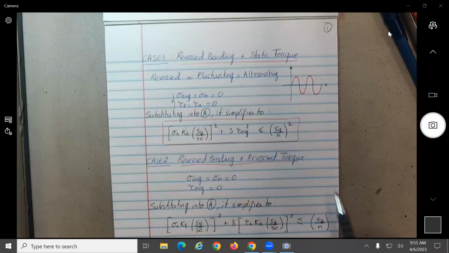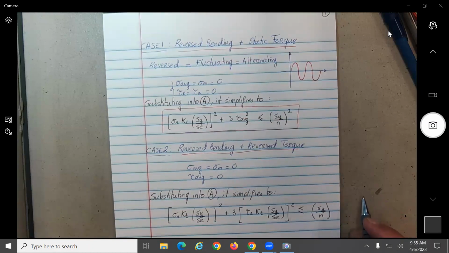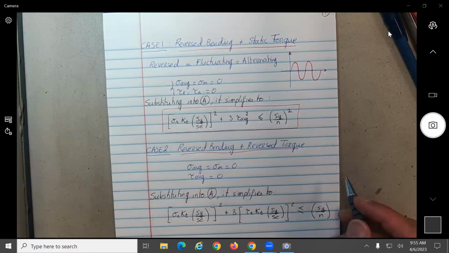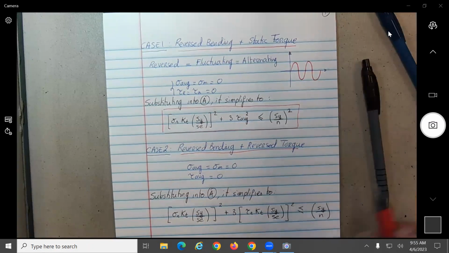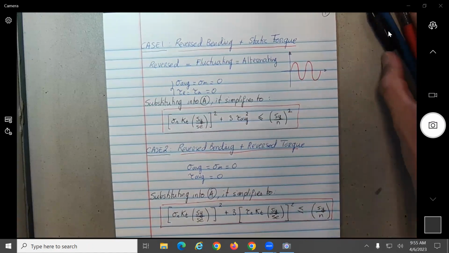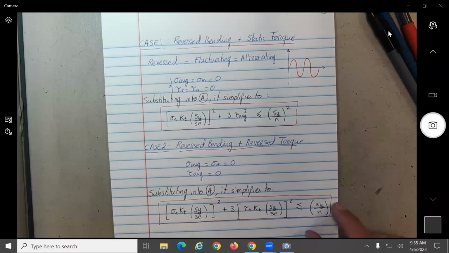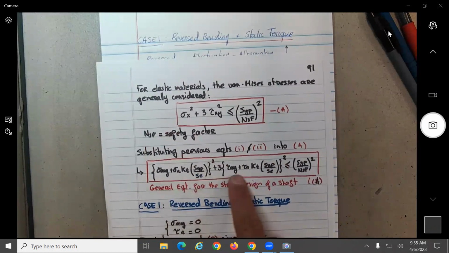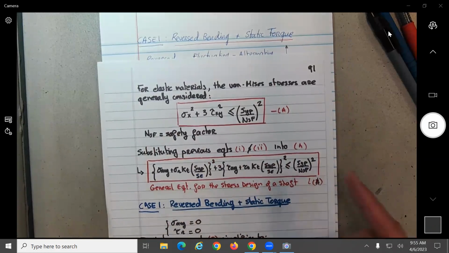Remember here, reverse fluctuating, like we are over here. So basically, the only thing I did is substitute whatever simplification you do into this equation here. All right. But this is important to know what happened.